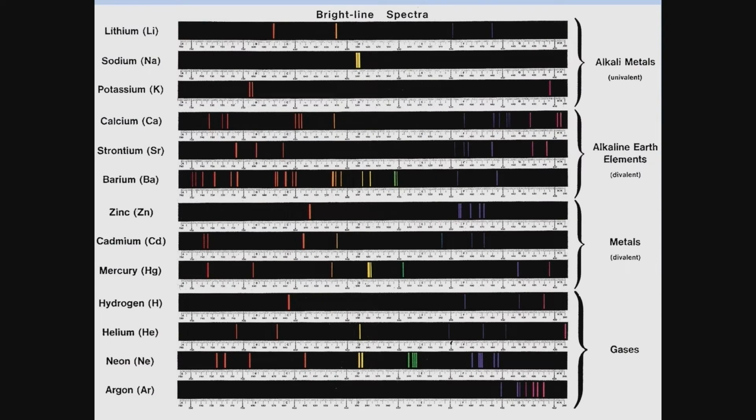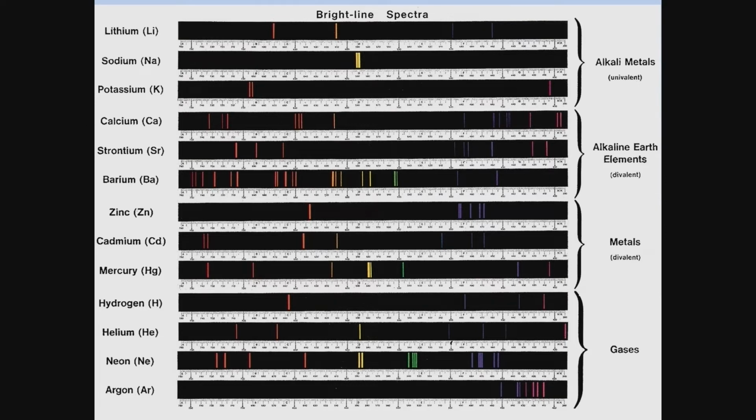Okay, so one kind of cool thing you can do is identify elements based on the particular kind of emission spectra they produce. On this slide, we have the emission line spectra you get when you apply a high voltage to several different kinds of elements. What I want you to see is that all these different elements produce different kinds of emission line spectra.